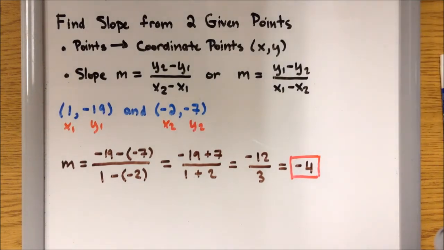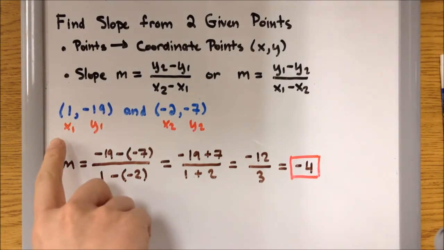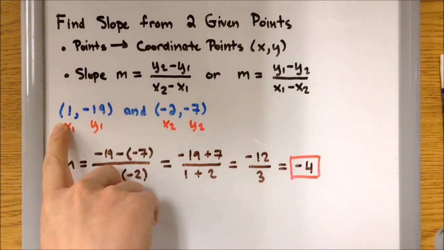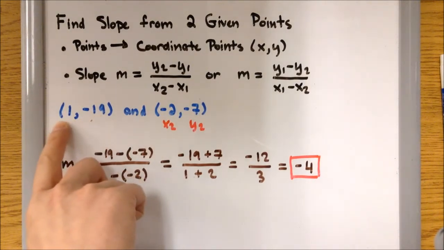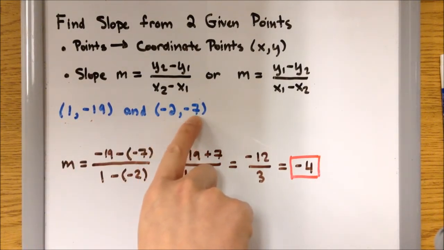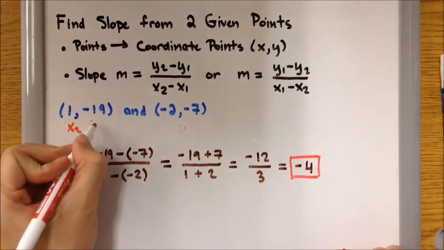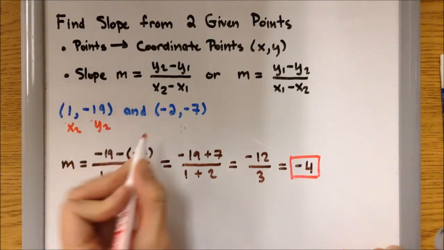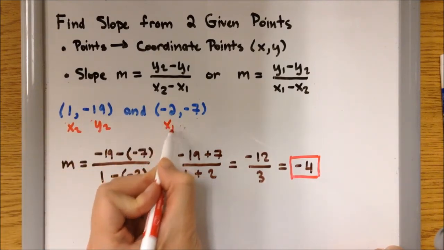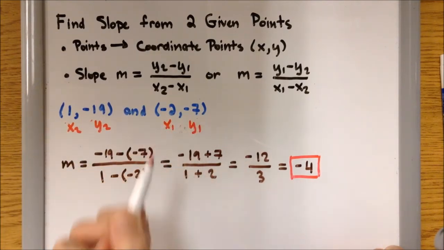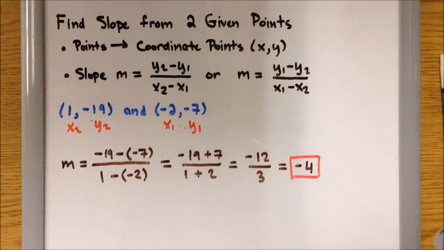Now, what happens if I didn't choose this to be my x1 and instead chose it as x2? Let's try that. Say I choose this to be my x2, therefore this is my y2, then this will be my x1, y1, and say I'm using the same formula I used on this work right here.